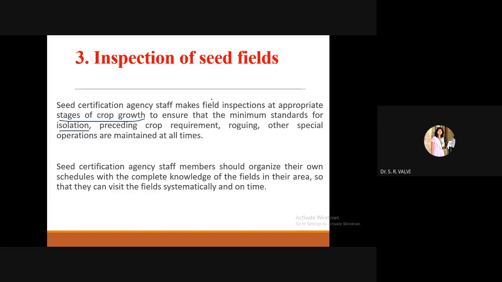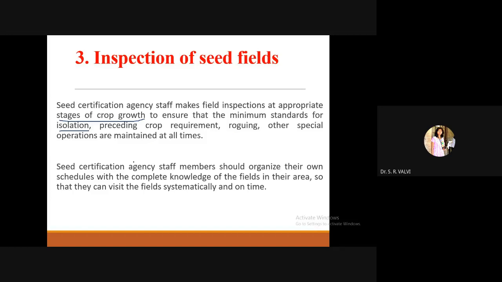Such plants are removed from the field. That process is called rogueing. Then other special operations are maintained at all times.